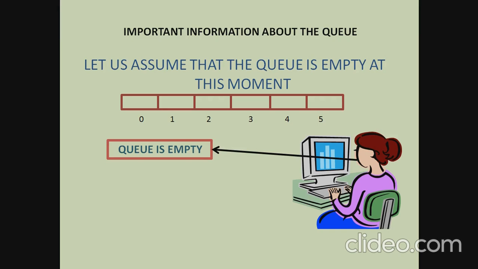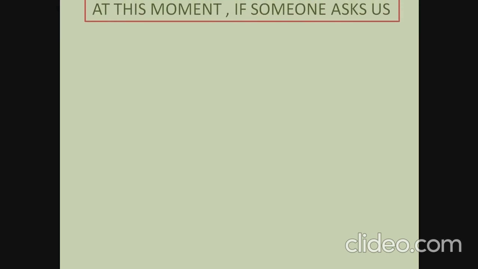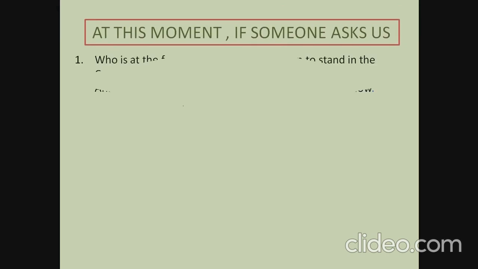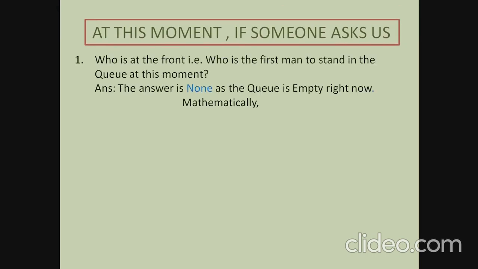So at this given moment, to answer that question, we should first understand who is at the front of the queue when the queue is empty. The answer is none. When the queue is empty, none is at the front of the queue, as well as none is at the end of the queue.